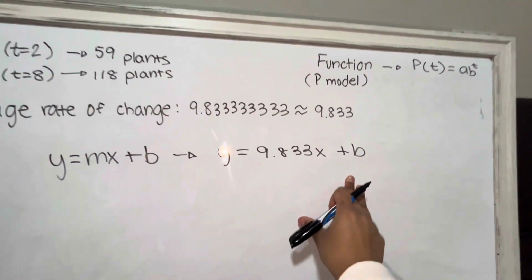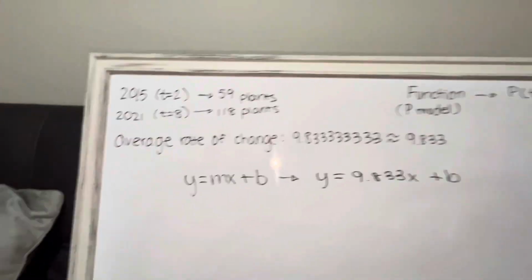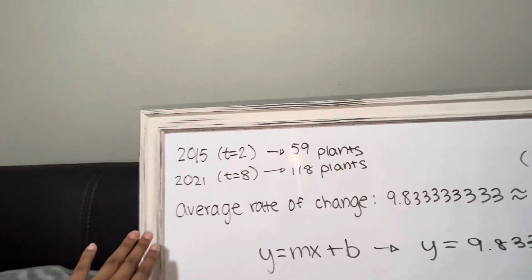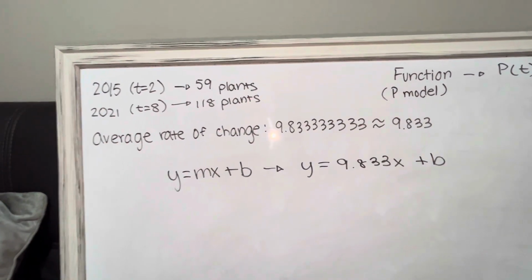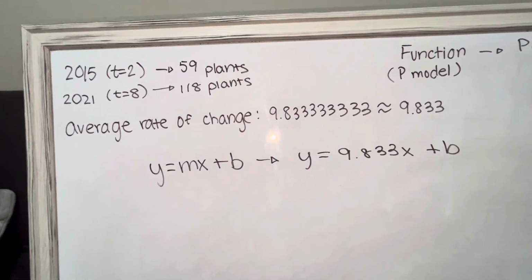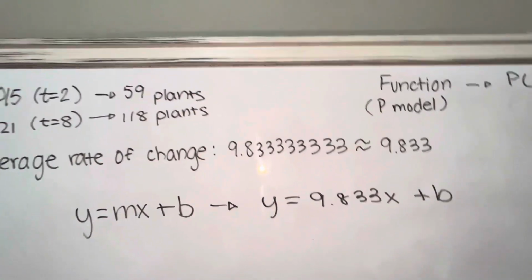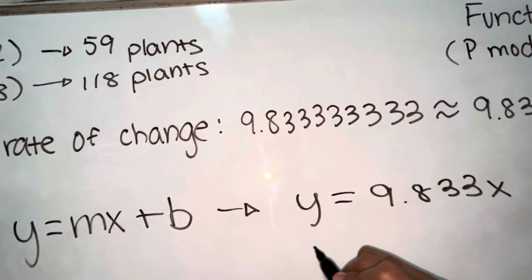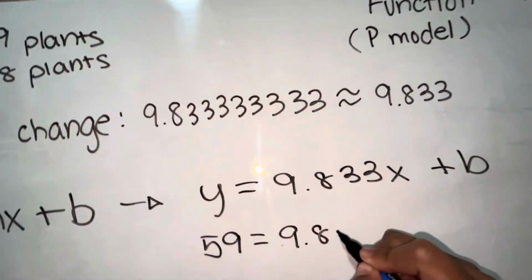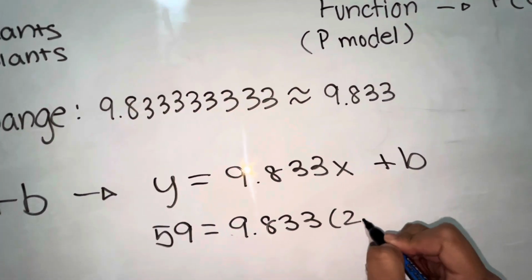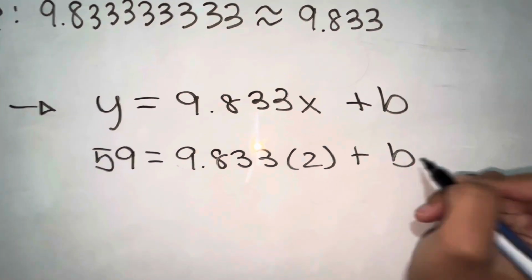Now we can try to find our b with one of these two inputs and outputs. So let's try 59, since it seems like a smaller number, and t equals 2 seems like a smaller number as well. So let's do 59 equals 9.833 times 2 plus b.